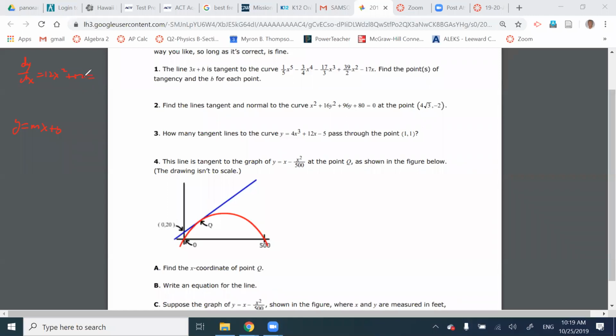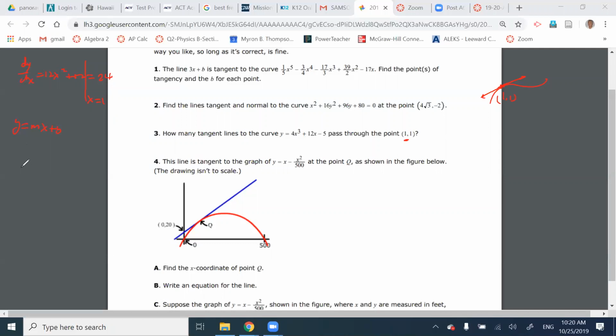The x coordinate is 1, right? Because here the graph shows this point is (1, 1), and the tangent line goes this way. So x equals 1, and you need to find the slope: the derivative dy/dx at x equals 1 equals 24, right? Got it?